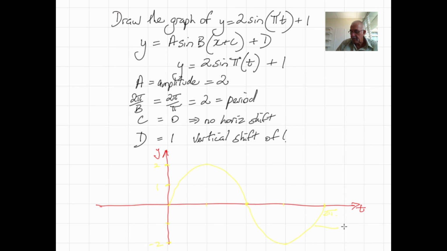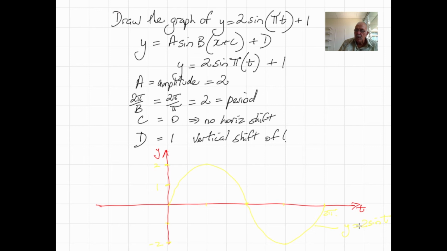That is the graph of y equals 2 sine of t. Okay, 2 sine of t. The effect of the 2 is, instead of going between plus 1 and minus 1, is to go there.